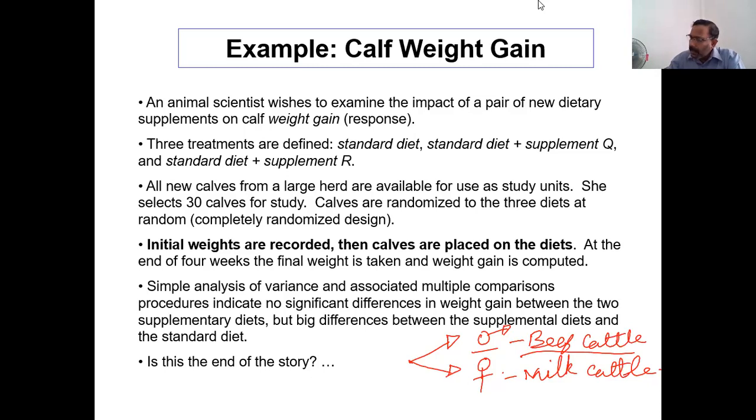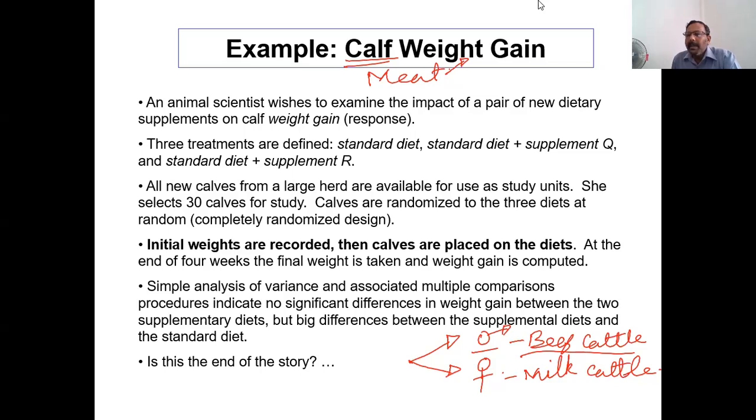So this is a story about meat production. In meat production only, we are worried about the weight. In milk production, we are not worried about that. If we are maintaining a cow or cattle for milk production, what is our ultimate objective?